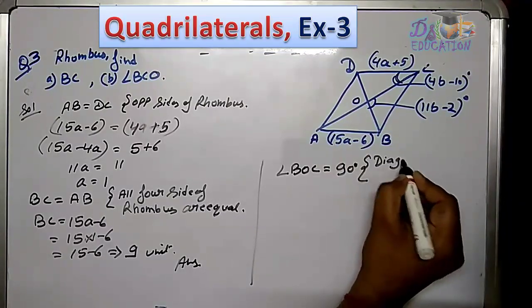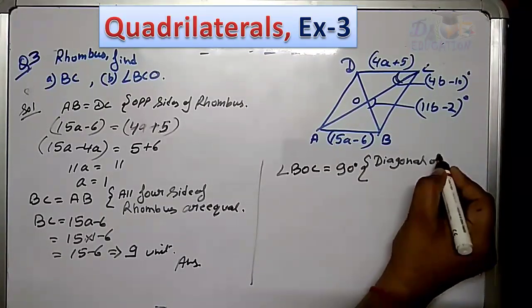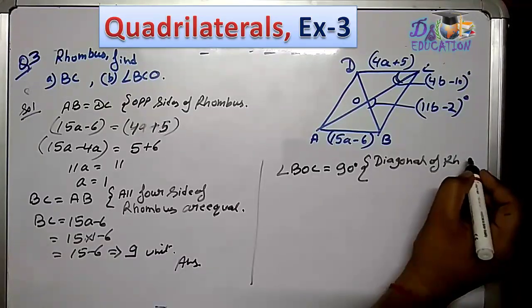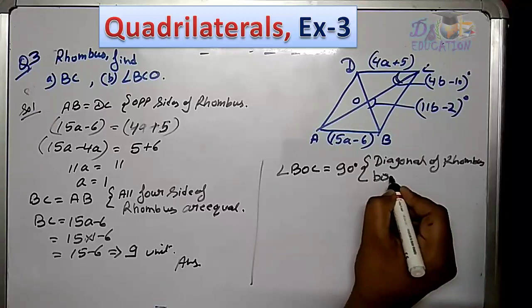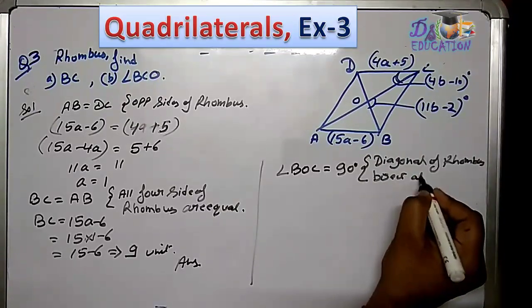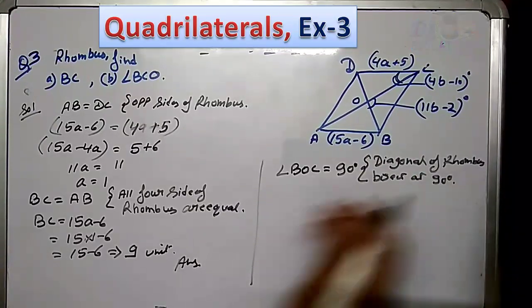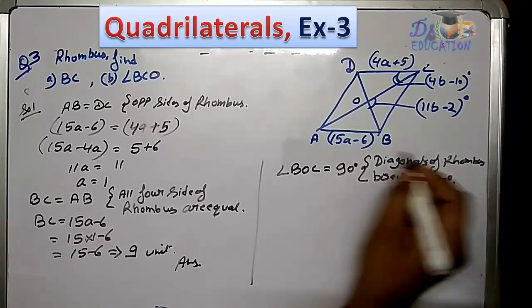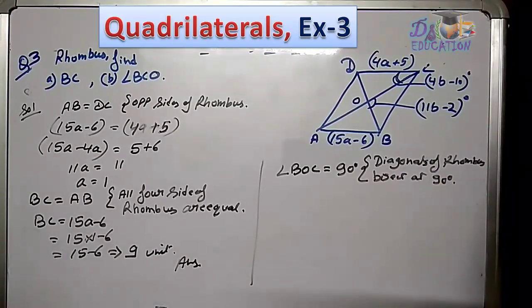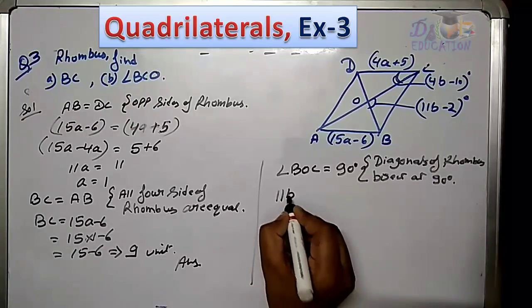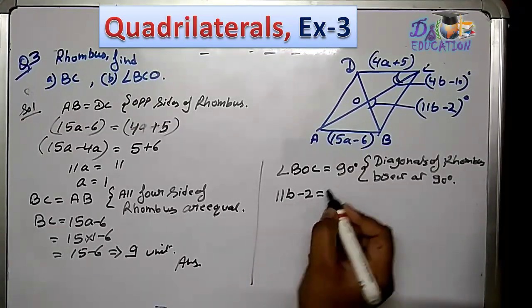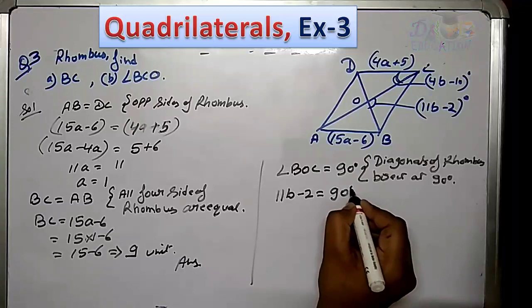Diagonals of rhombus bisect each other at 90 degree. This I have also taught you in the previous video, so please go through that video. Okay, so angle BOC, that is 11b minus 2 is equal to 90 degree.